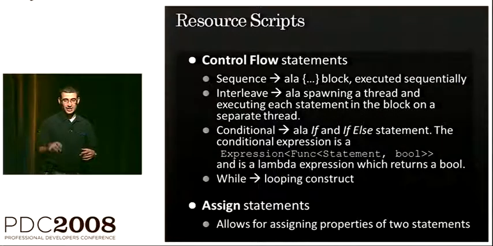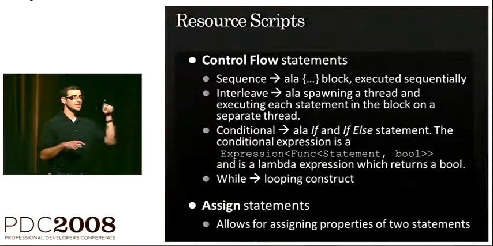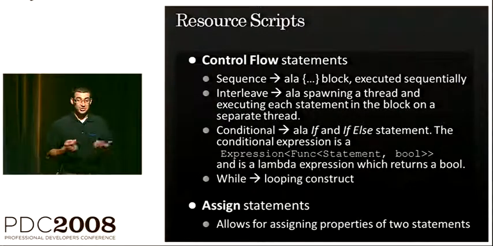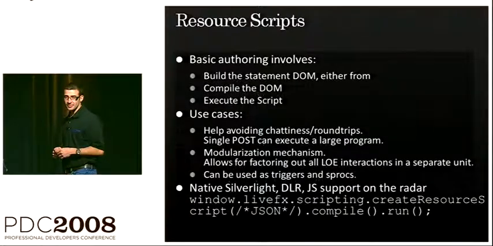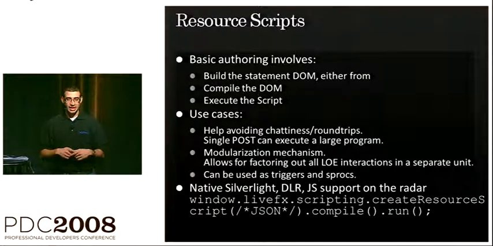But just with control flow and assignment statements, so you can, again, sort of move your data between different statements in the program, makes it a very powerful model. And I expect some people will probably just write live framework scripts, resource scripts. So what is the flow or the basic authoring flow of a script? You build a statement DOM, show you how to do that. You compile the DOM, you call execute, and away you go.